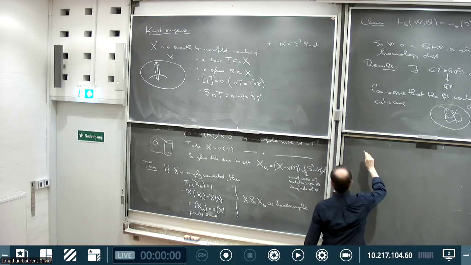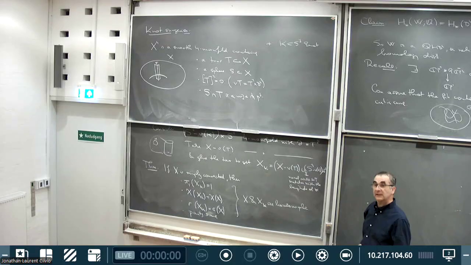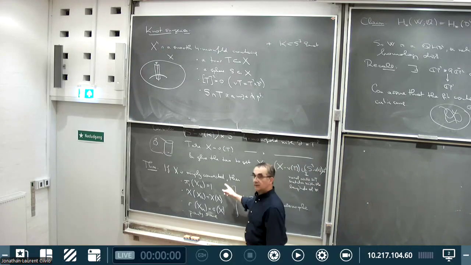The last part: the complement will be simply connected. Say it again. So you just require X simply connected, or X minus T simply connected.